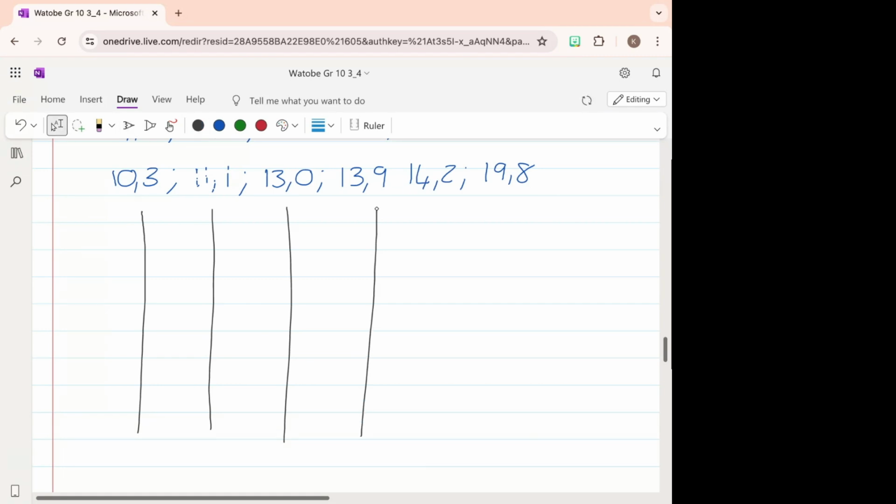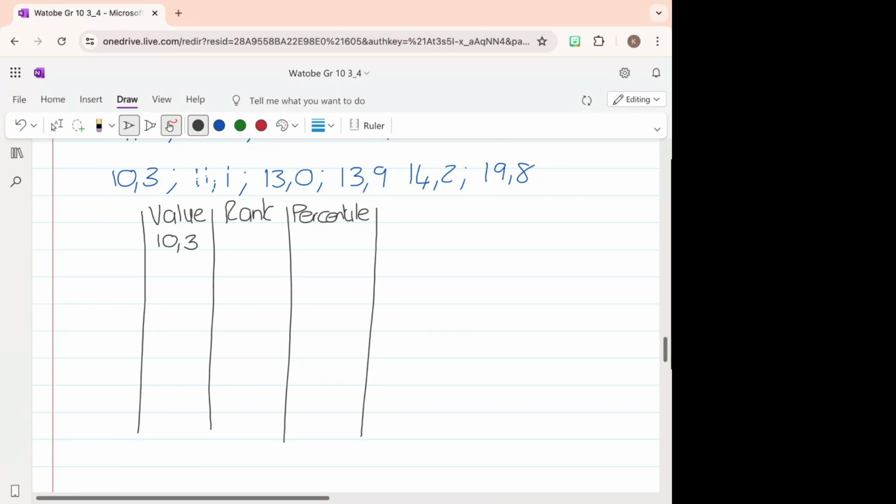I want to look at the value, then its rank, and then what I'm going to call its percentile. So the value, the rank, and then the percentile.